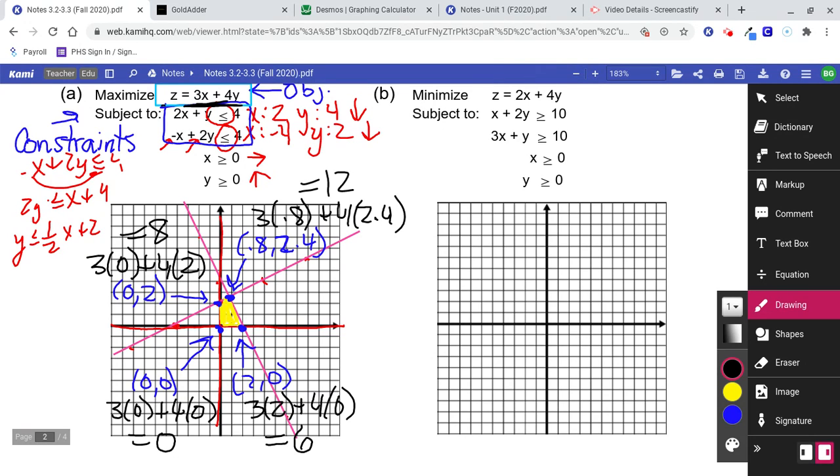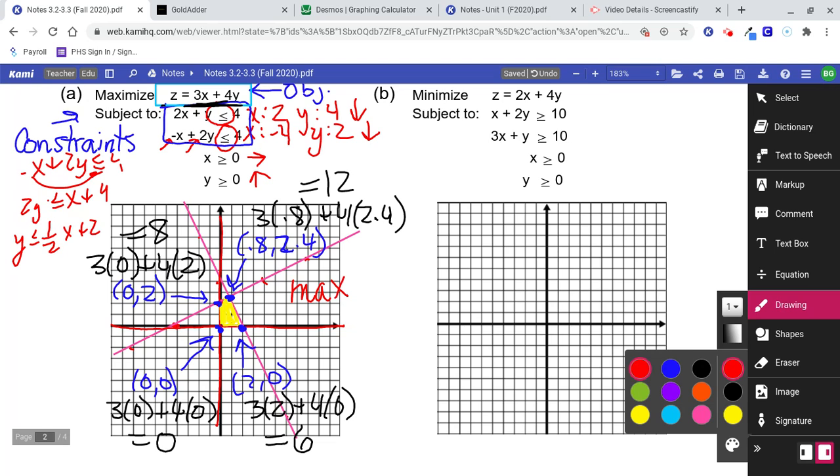So last thing we need to do is answer the question. It says maximize. So maximize just tells me, find the biggest number. Well, the biggest number is 12. So the maximum, you'd say max. Here's how I want you to write the answer. Max z equals 12 at 0.8, 2.4.